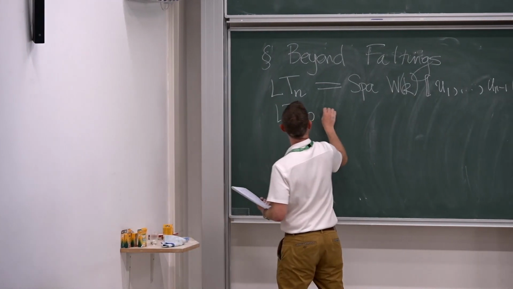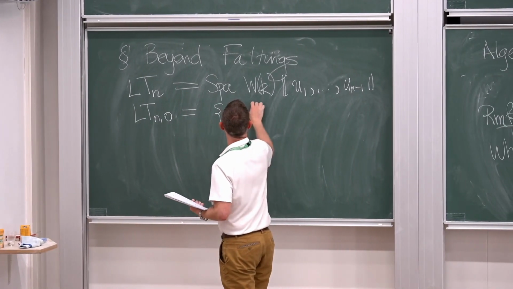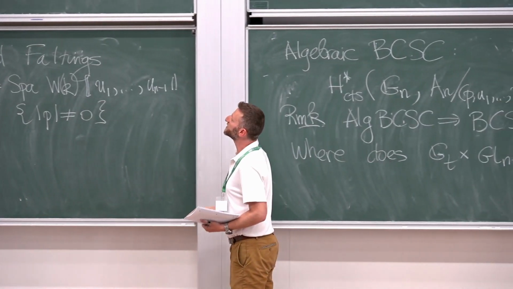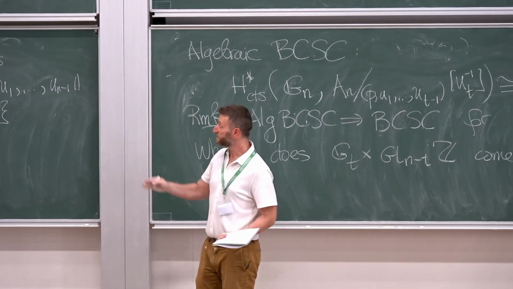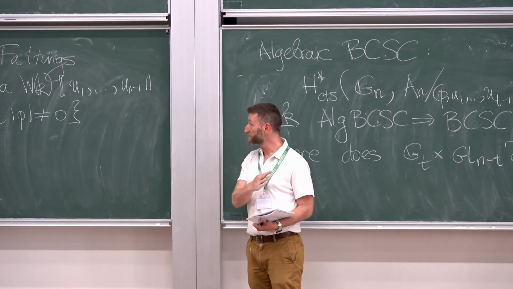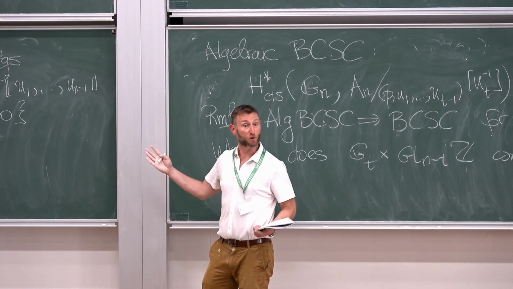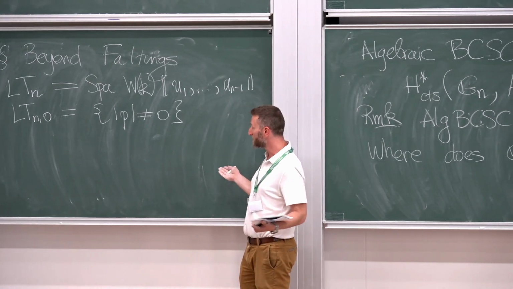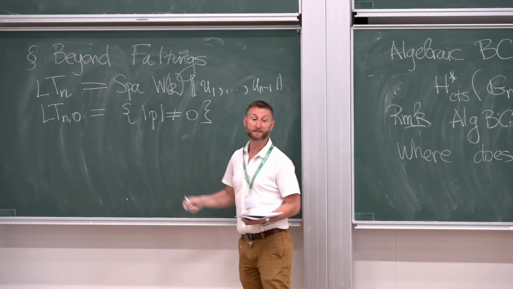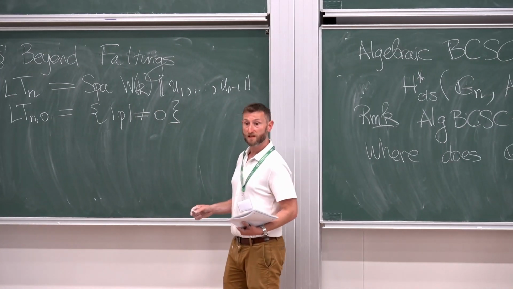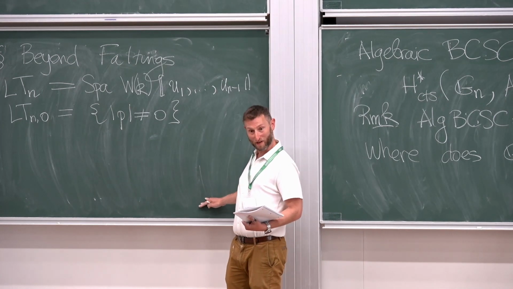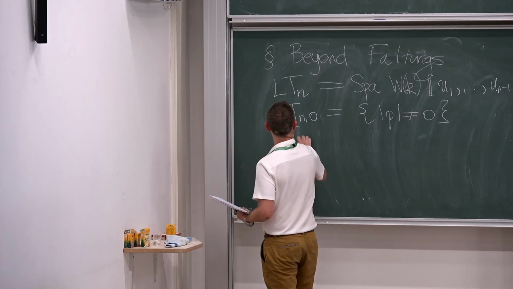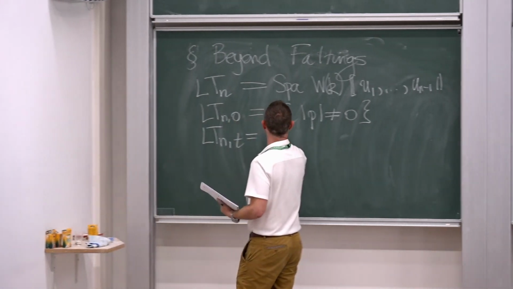And within this, there was a subspace, the space where the first parameter p is not equal to 0. And that space appears in Faltings' isomorphism. It's the open unit ball over the base W(k)[1/p]. But you could also imagine other spaces. So what if you consider LT_{n,t}?